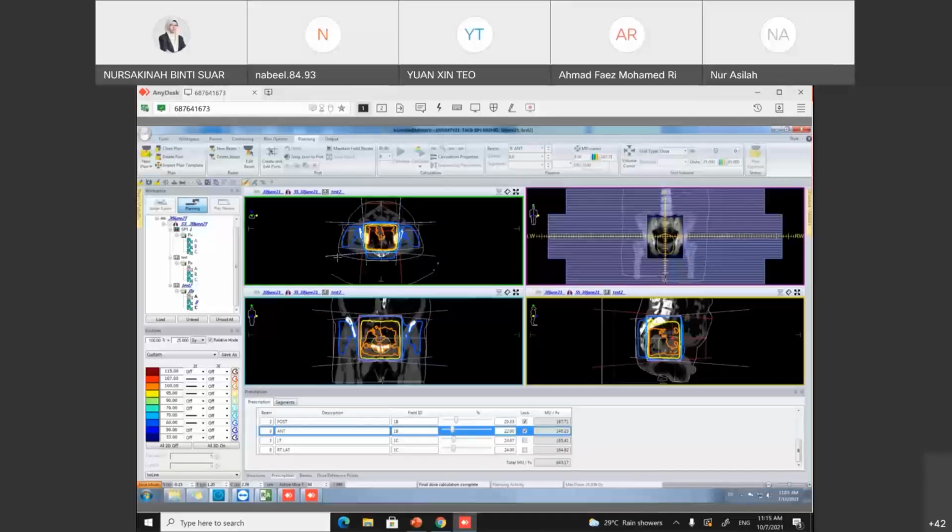Some doctors don't even look at the 70% fill box distributions. But in our center, we are already used to this, so we will make sure the 70% is in the fill box.